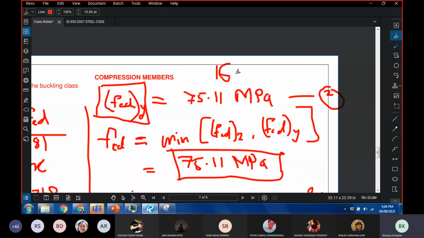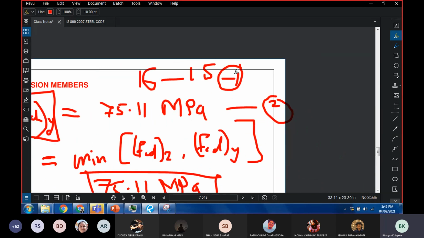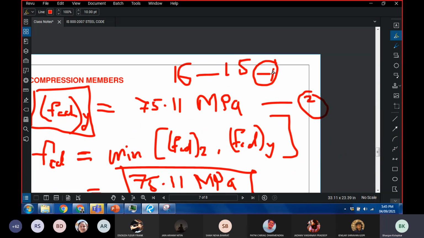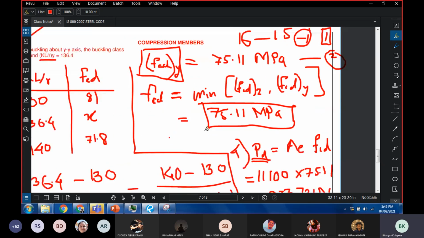Now, for some reason, it has been converted to a 15-week semester, out of which we have lost one lecture, the first lecture, because we could not conduct it. So even in this 15 weeks, we are short of one lecture already. And if we skip one more lecture, and unfortunately there's a holiday on 2nd October, we're going to have to adjust a little bit. So there's one lecture that is already pending, and we'll have to have it in some other time slot. So we'll figure it out.